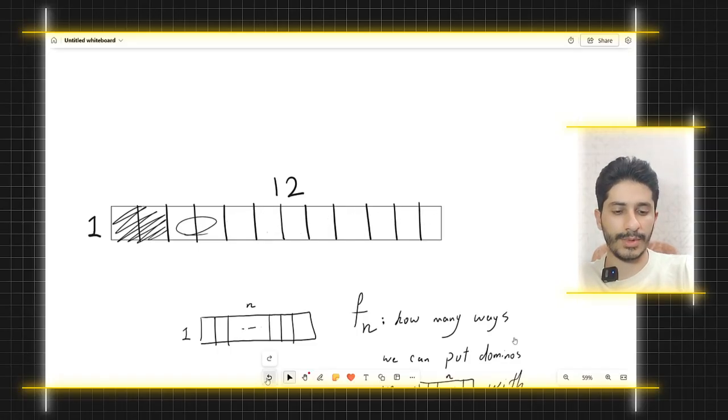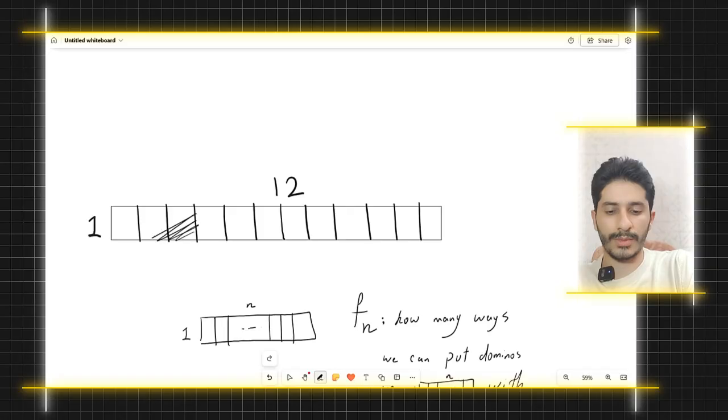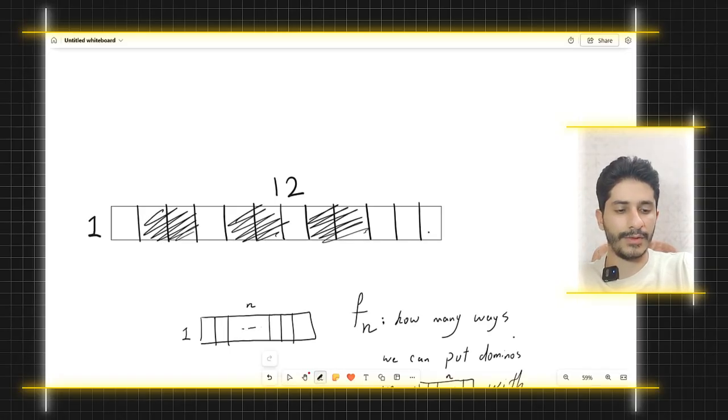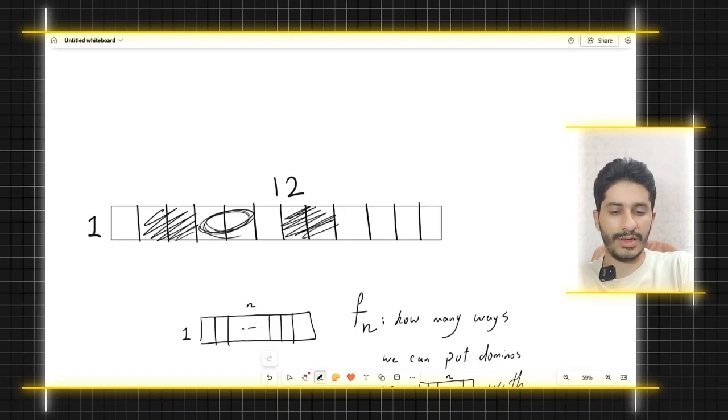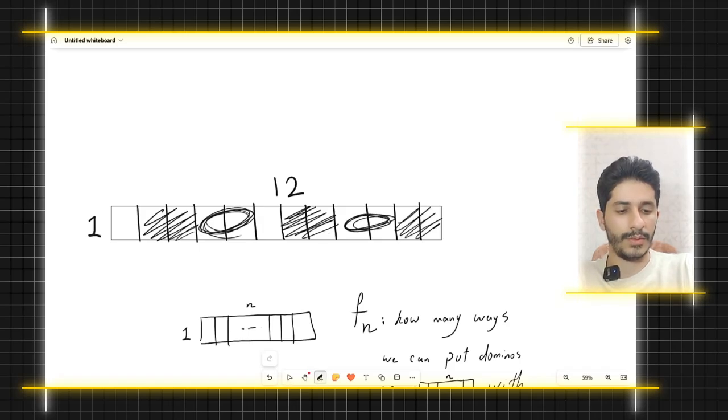This is one way, for example. Another way is to put dominoes here, for example, having a 1 cell gap. These are non-overlapping and you cannot put any other dominoes. And another way is like this: a domino here, and another domino here, another one here.